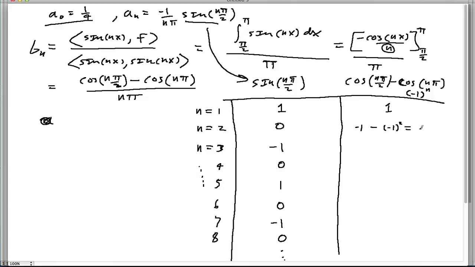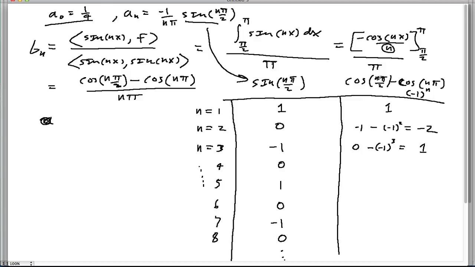So that makes it a -2. Pretty interesting. Now n equals 3, and 3 pi halves becomes a 0 again. And then we have the negative of a -1, which makes it a positive value, so it becomes +1.